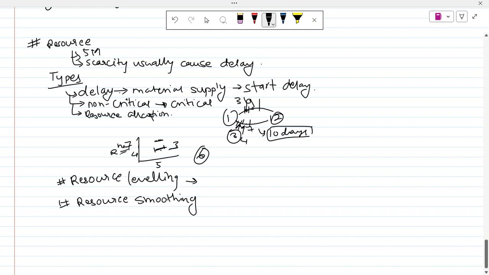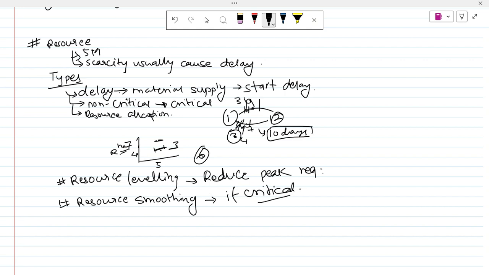Resource leveling is nothing but it reduces the peak resource requirement. This is known as resource leveling. What is resource smoothing? If the critical activity is shifted during this resource reallocation process, this is known as resource smoothing.